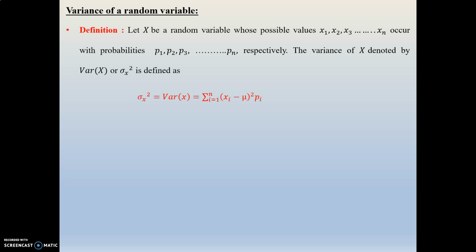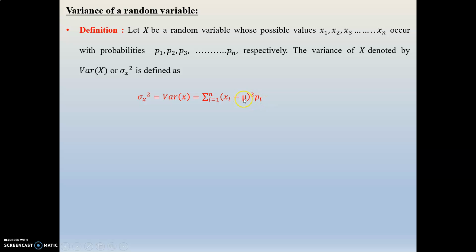Next one, variance of a random variable. Definition: let x be a random variable whose possible values are x1, x2, etc., xn, occurring with probabilities p1, p2, etc., pn respectively. The variance of x, denoted by var x or sigma x square, is defined as sigma x square is equal to variance of x is equal to sigma from i equal to 1 to n of (xi minus mu) whole square into pi.